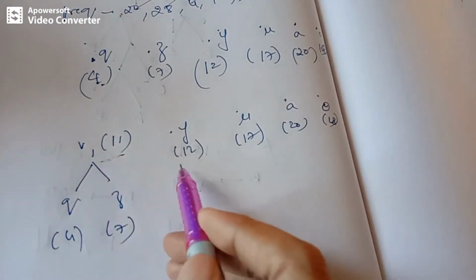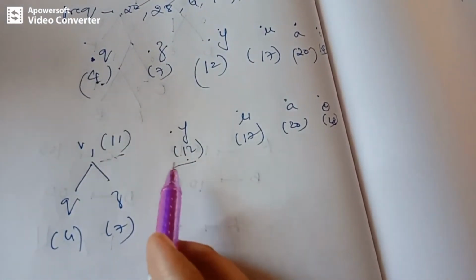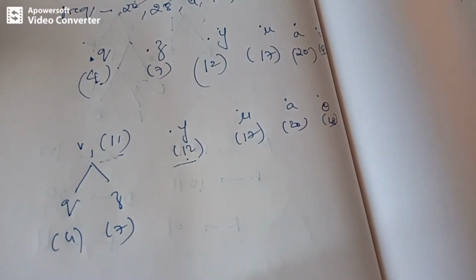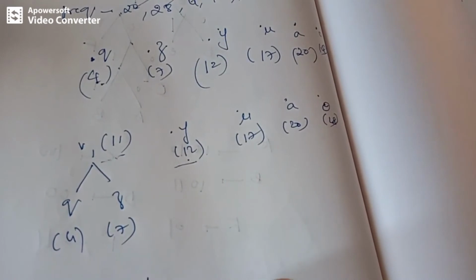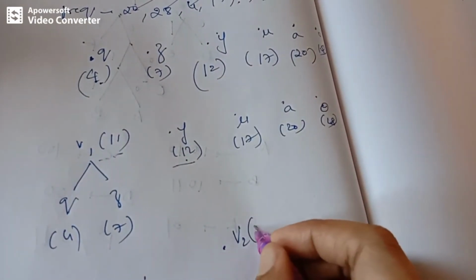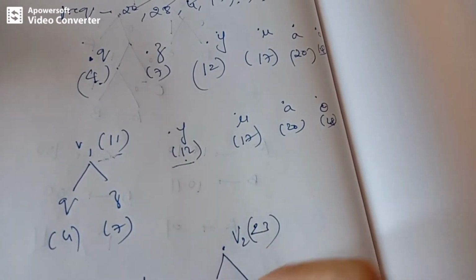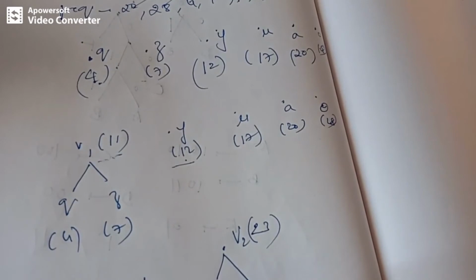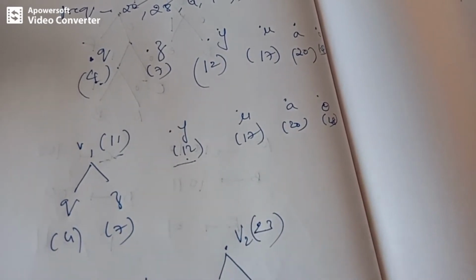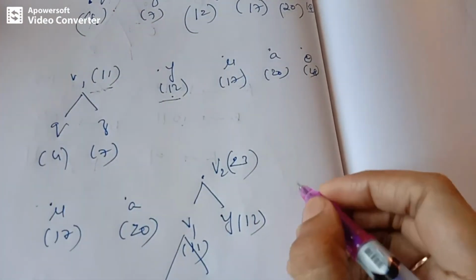Next I will combine these two, and the sum is 23, which will be fixed in this position. So I will arrange them and place them. Here the vertex V2, their sum will be 23. I will fix their children here in this manner.